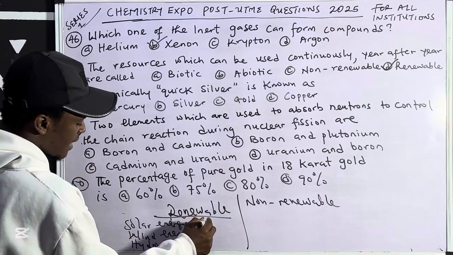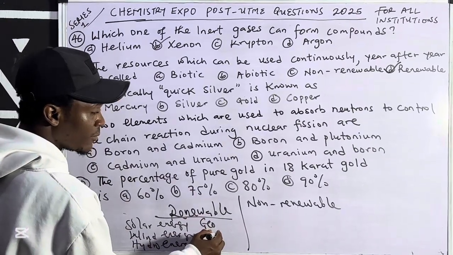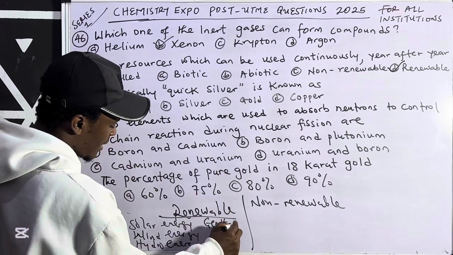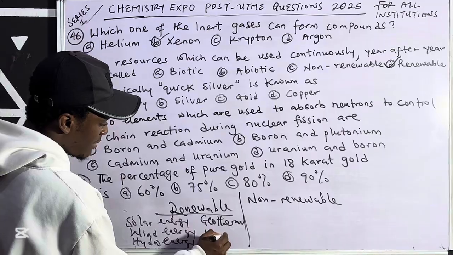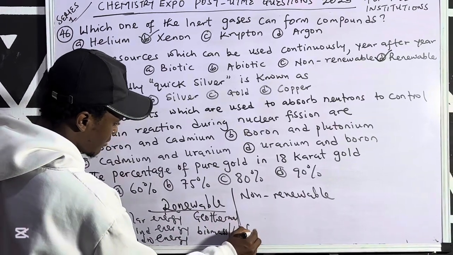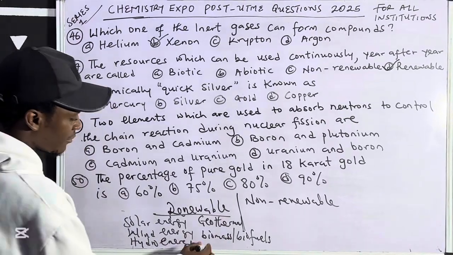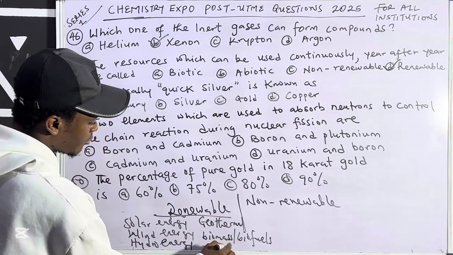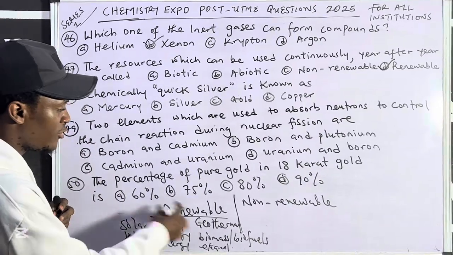Even geothermal, the heat that is generated from the earth crust. And talking about biomass, you can either call it biomass or biofuels. You can obtain them from alcohol in the form of ethanol, from wood, and even from biogas too. So all these are renewable.